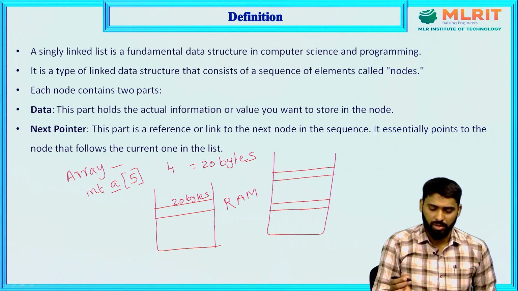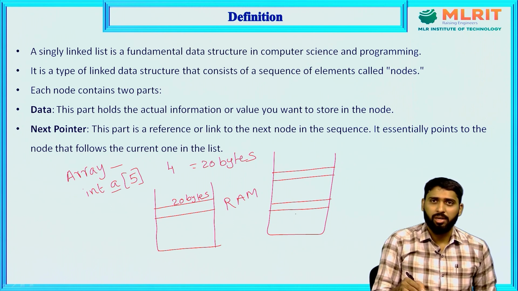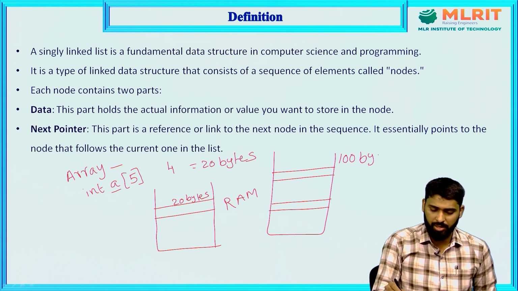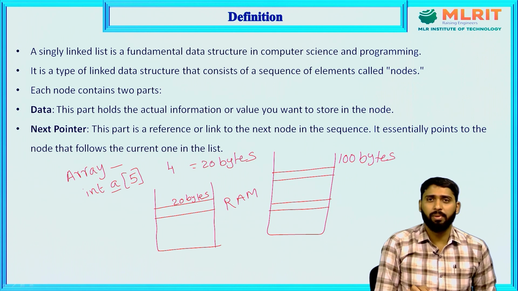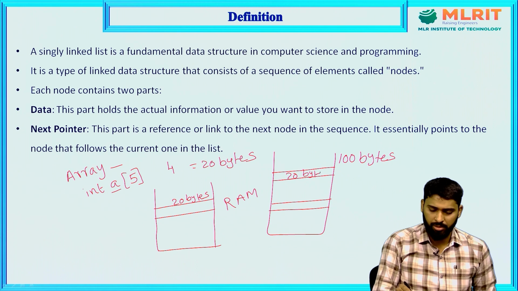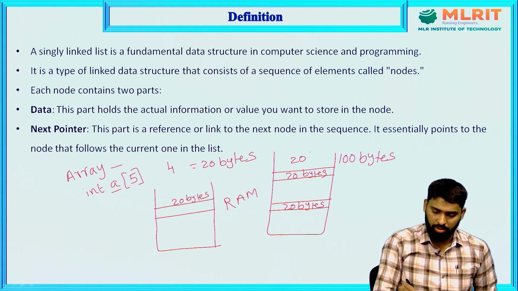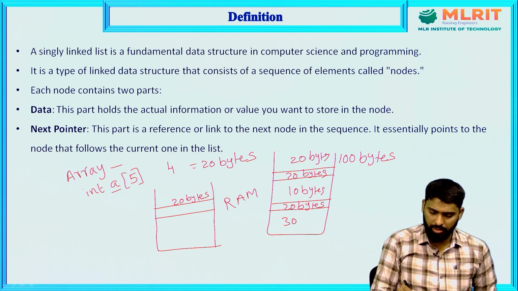Let us assume the size of this RAM is 100 bytes. So this is 20 bytes, this is 20 bytes, and this is 10 bytes, so these are the 30 bytes.